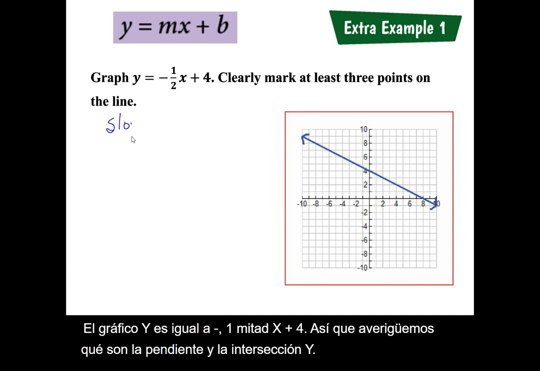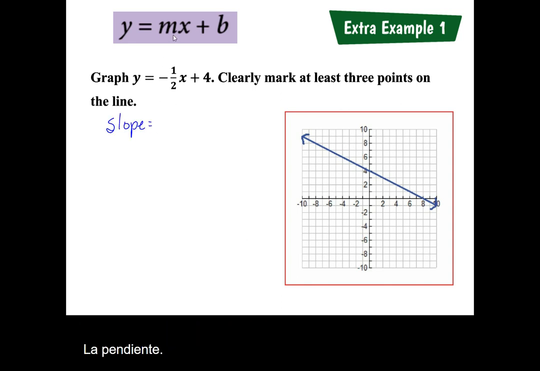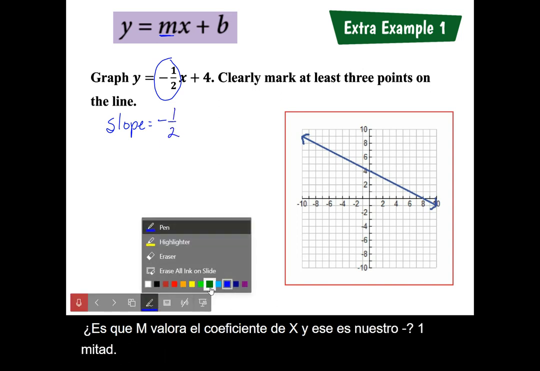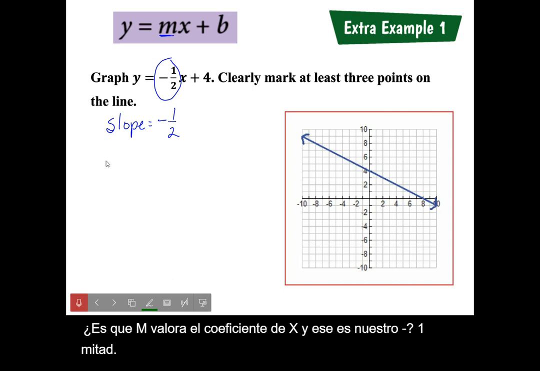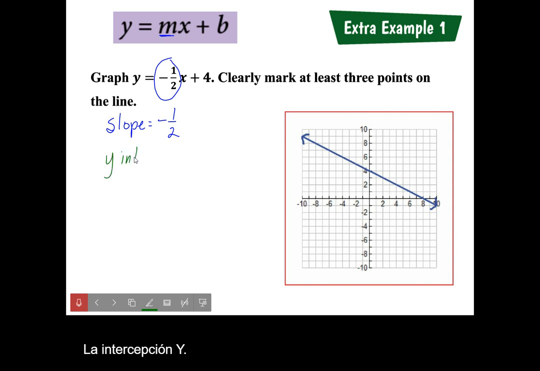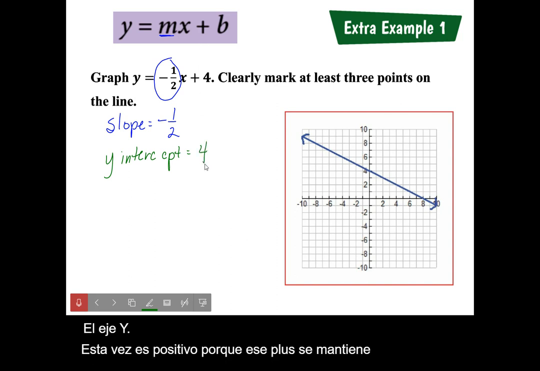The slope is that m value, the coefficient of x, and that is our -1/2. The y-intercept, where it crosses the y-axis, this time it's positive because that plus stays a plus. So it's a positive 4.